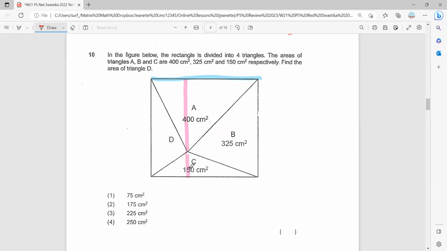So A and C is half the area of the rectangle. Since A and C is half of the rectangle, then B and D will be the other half. So A plus C is equal to B plus D.